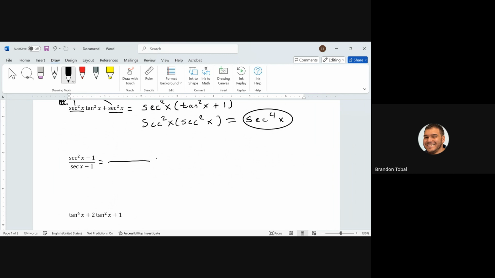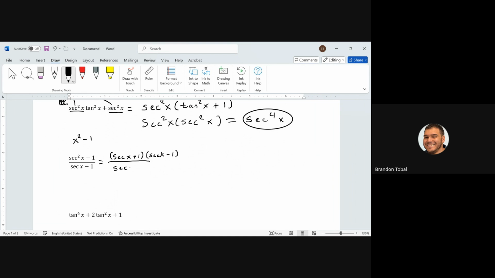So my other move is to think of this as x squared minus 1. If it was x squared minus 1, I could factor that into what? So it works the same way with secant. I could rewrite it as secant x plus 1 and secant x minus 1.